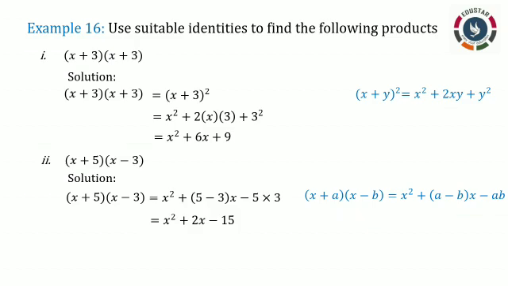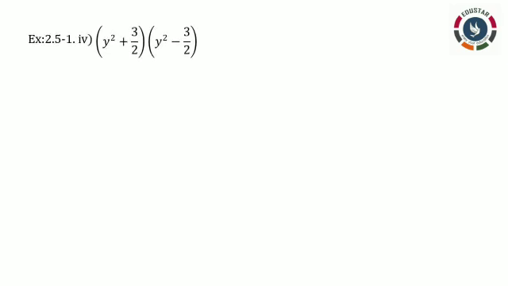Now, let's move to another one, sum of exercise 2.5, first question, fourth subdivision. See the question here. (y square plus 3 by 2) into (y square minus 3 by 2). Can you relate any identity to this sum? Of course, yes.